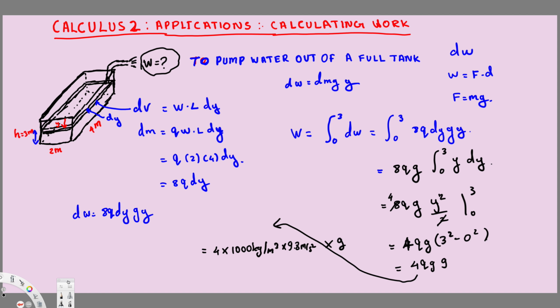This is 9, not g. If you plug all these values into a calculator, you will get 352,800 joules, and that is the amount of work required to pump the whole water out of this tank.